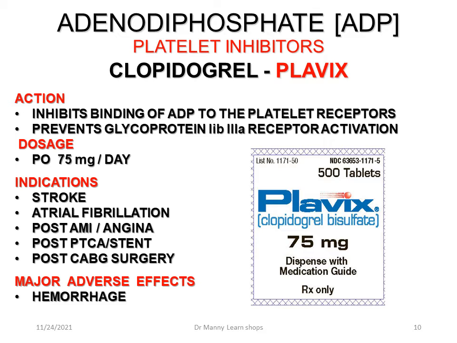The typical dose is 75 milligrams per day, and the indications are the same as previously: stroke, atrial fibrillation, post-acute myocardial infarction, angina, post-percutaneous transluminal coronary angioplasty or stenting, and post-coronary artery bypass graft surgery. The major adverse effects, however, are hemorrhage.